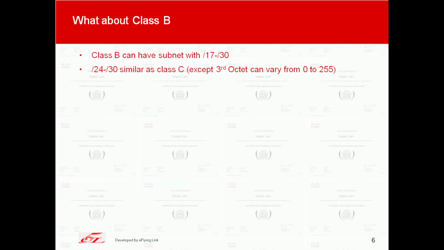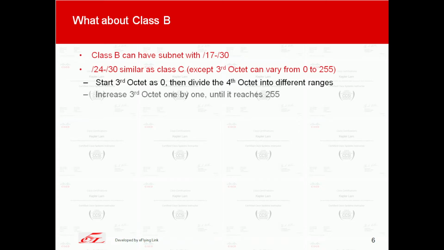So to get all the subnets, you just start with the third octet with 0, and then you divide the fourth byte into different ranges, as what we have just discussed in the case of class C. And then you vary the third byte, you increase it one by one until it reaches 255.